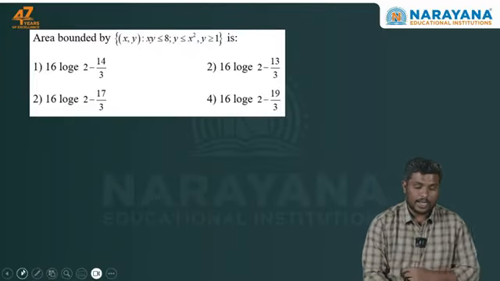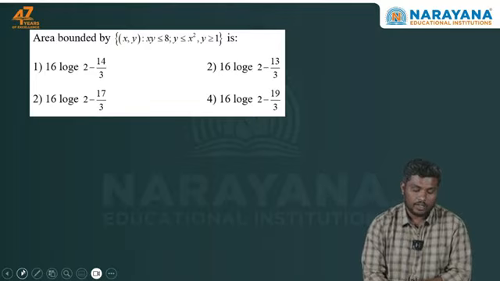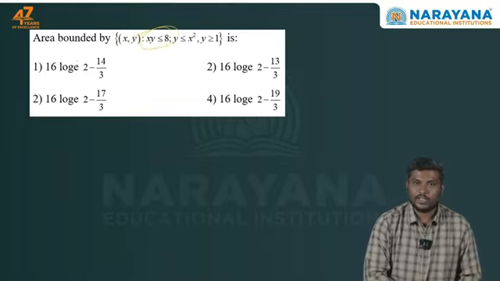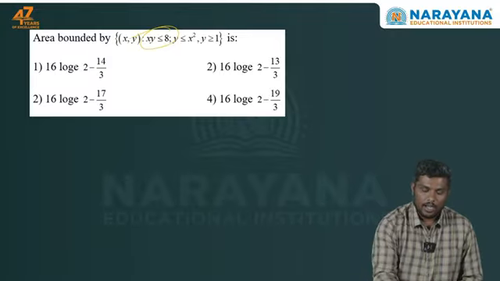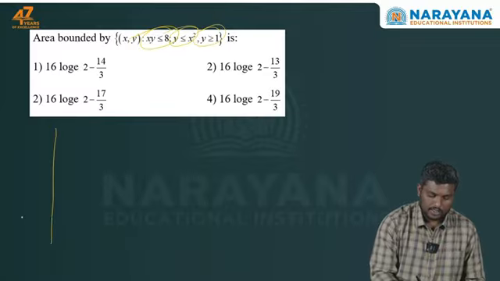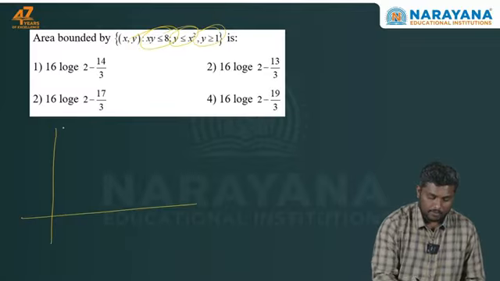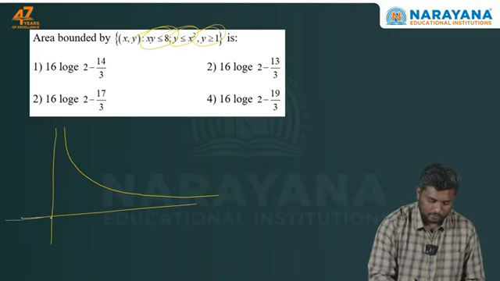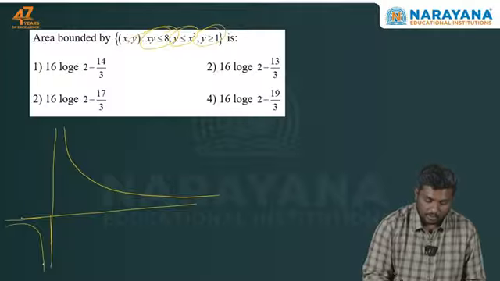Next question is the area bounded by the curves xy less than or equal to 8. Basically xy is equal to 8 is a rectangular hyperbola, and then we have a parabola and a straight line. So if you sketch the curve, xy is equal to 8 is something like this, and y is equal to x square.